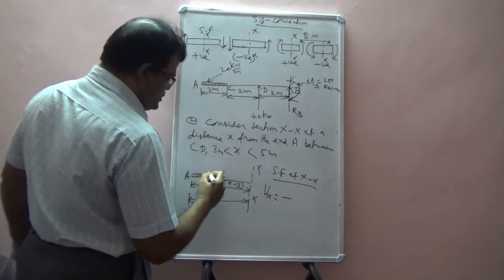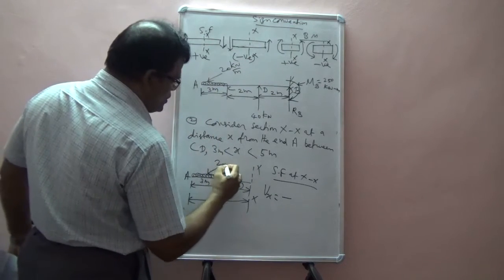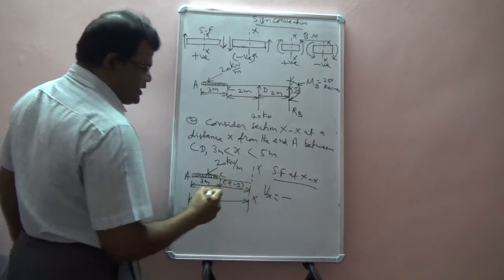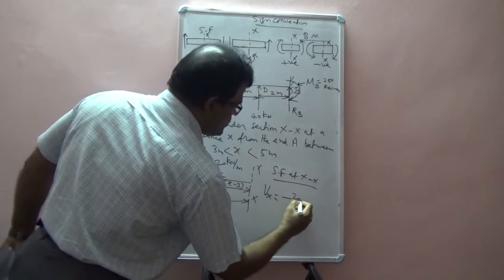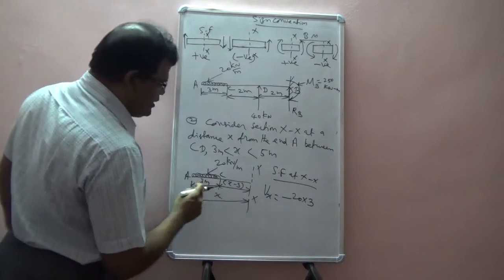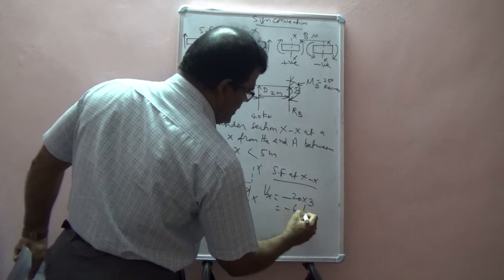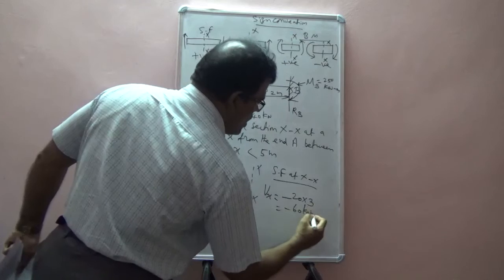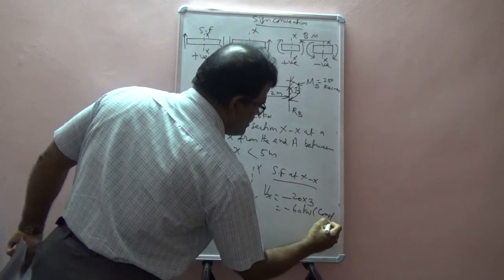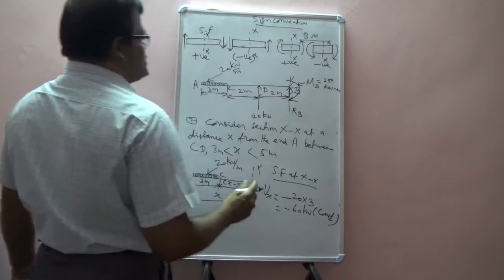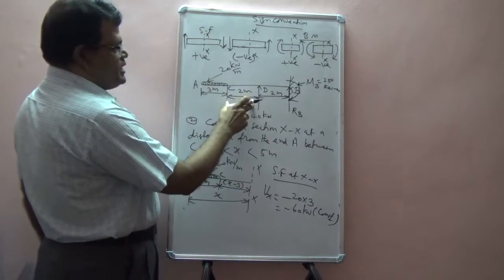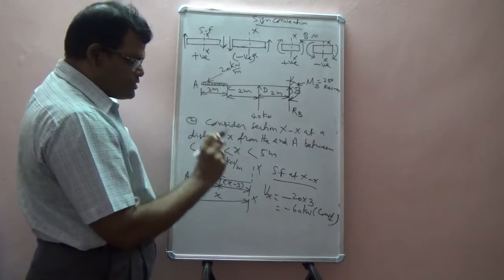The magnitude is 20 kilonewton per meter, therefore minus 20 multiplied by 3 is the total force. So this will be equal to minus 60 kilonewton. This is constant, so that indicates between CD the shear force is constant.